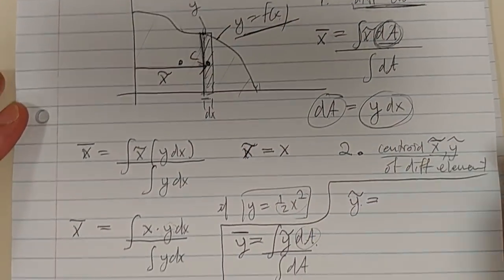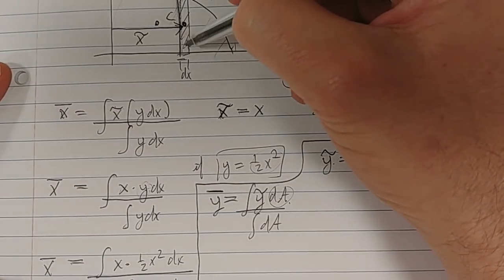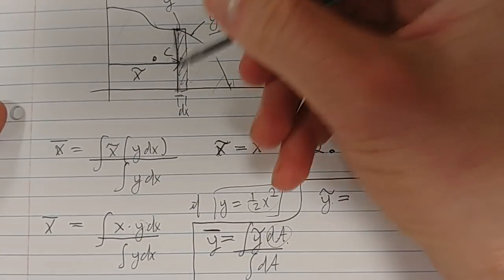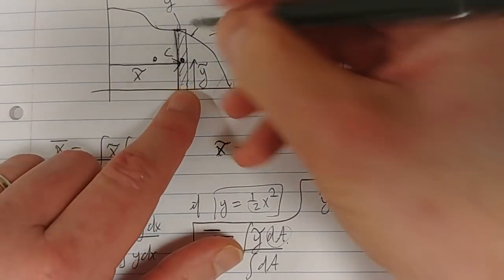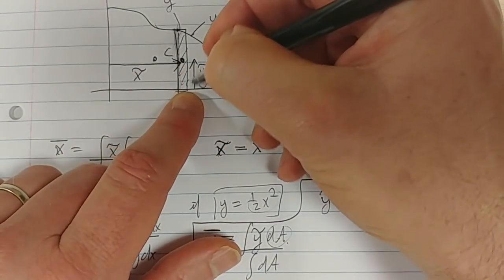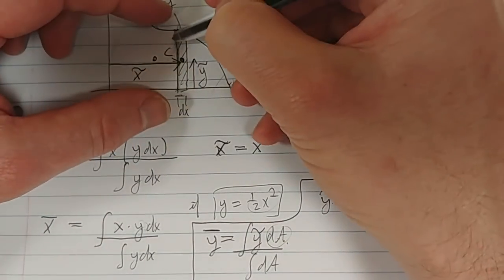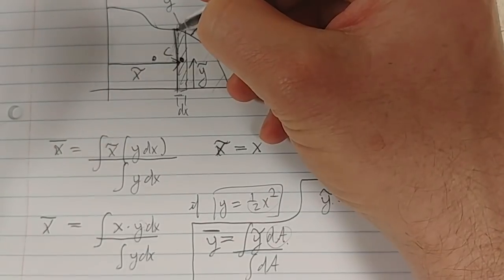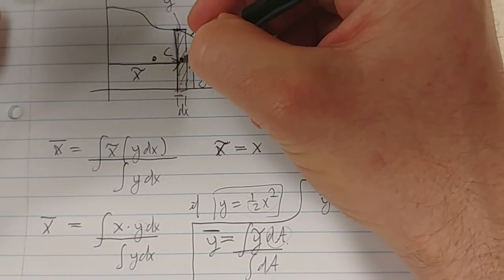Y tilde, again, is the location of the centroid of the differential element. So there is my y tilde. There's the centroid, and there's the location of that centroid. But what is it in this case? If I use this differential element, it is going to be y over 2, because y is the height and this is half.